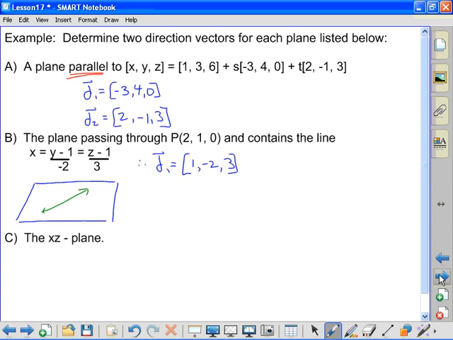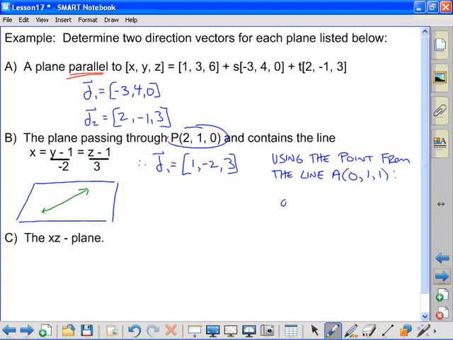How do we find that second direction vector? We know it passes through point P, but we need another piece of information. For people that said, let's use the reference point from the line that we know is on the plane, you're absolutely correct. So using the point from the line, I'll call that point A, which would be a 0, 1, 1.